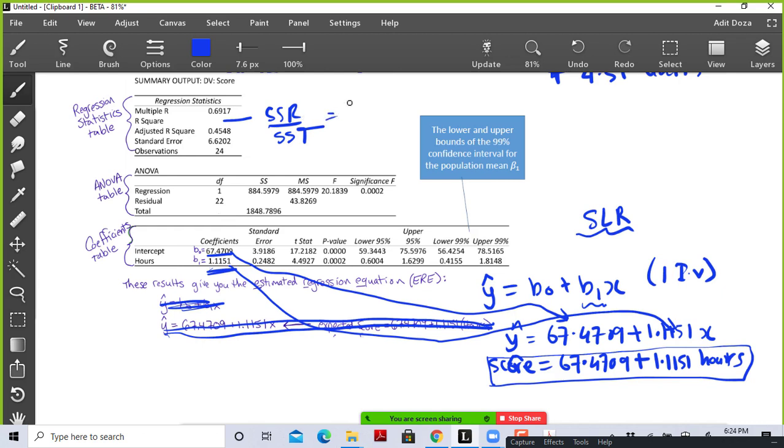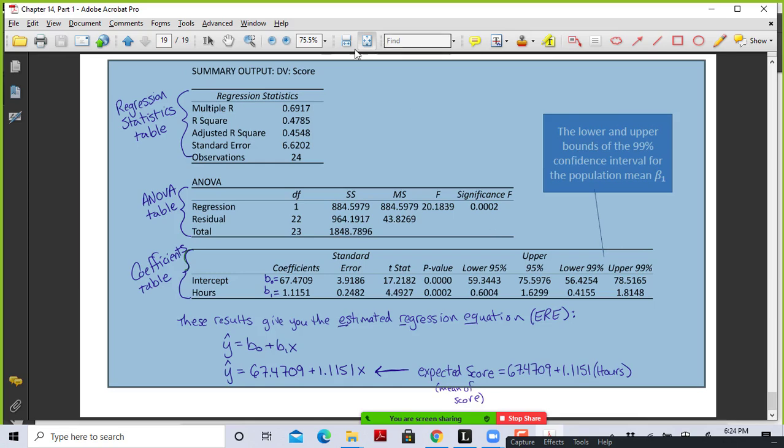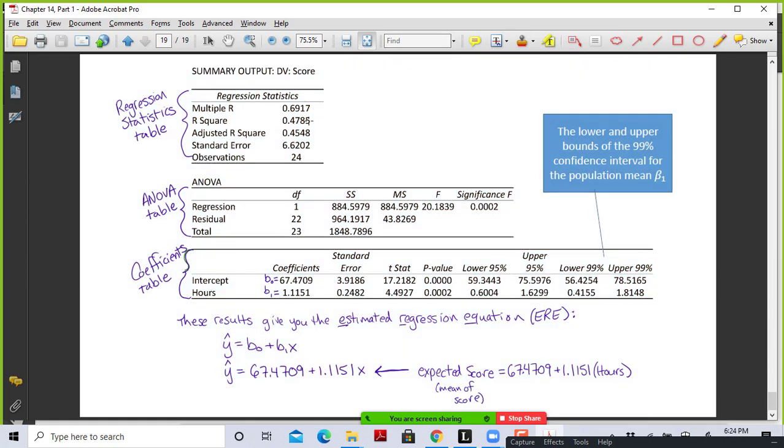This is 8845.979 divided by the SST, 1848.7896. So then you will get the R square. If you use the calculator, you will see that the value is 0.4785.